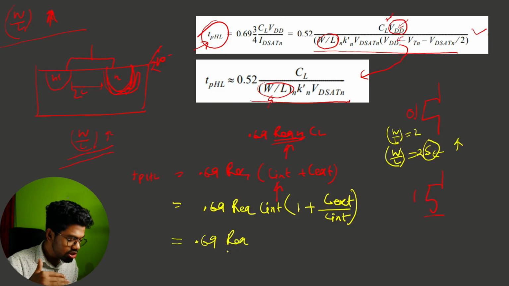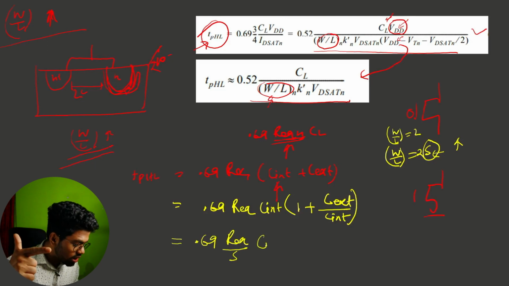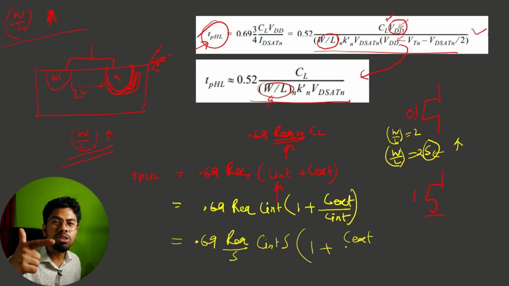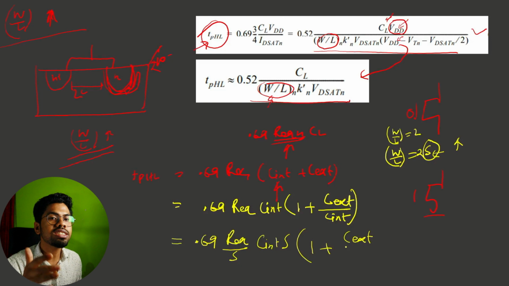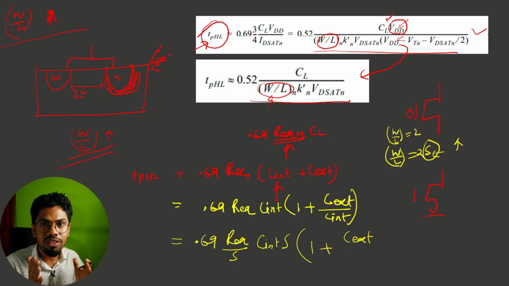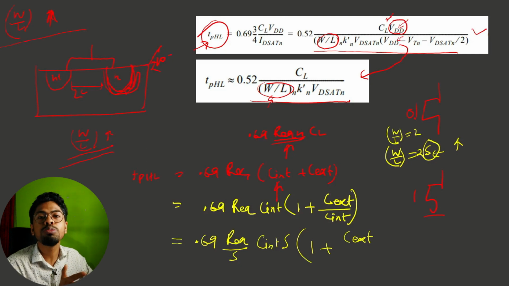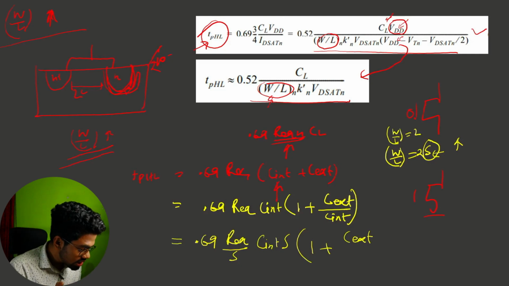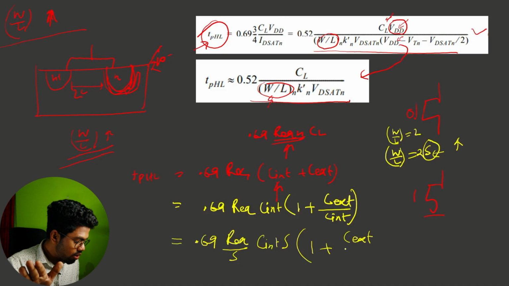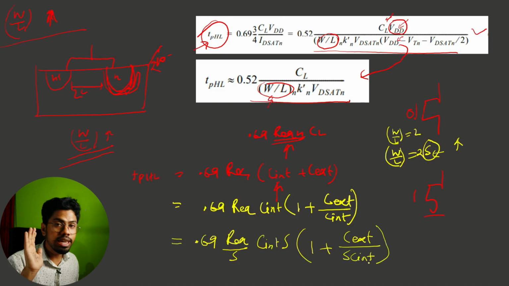Your R equivalent will reduce by a factor of S. Your C internal will increase by a factor of S, and then 1 plus C external will remain the same, because for C external we are doing nothing, we are just keeping our focus on our inverter 1, because external we don't know, right? It could be designed by somebody else. So C external would be C external for now, and our C internal here also will increase by S.